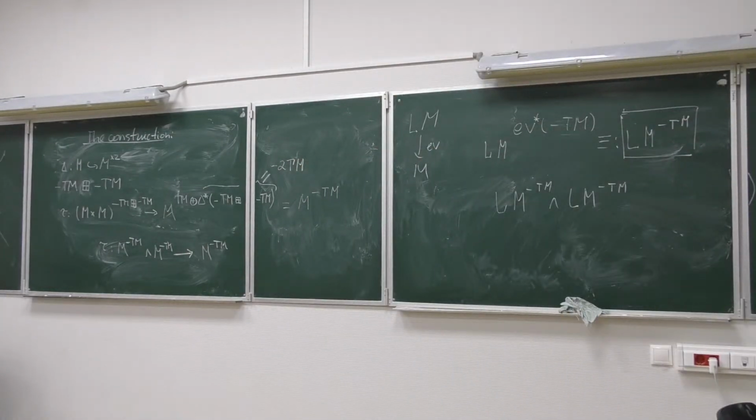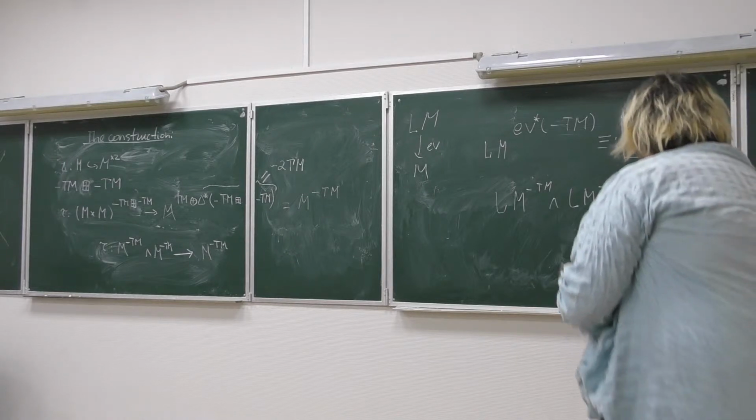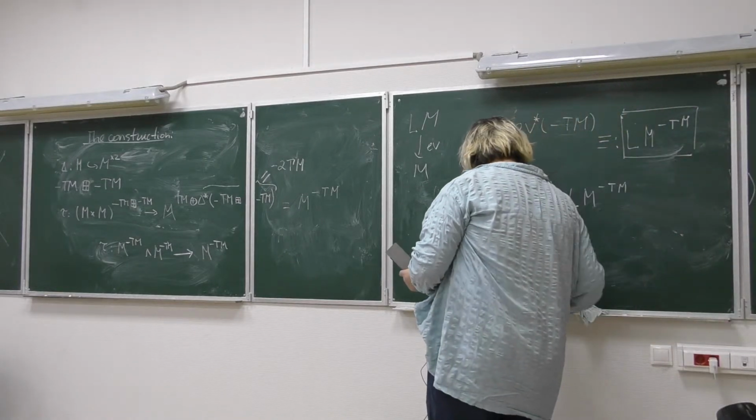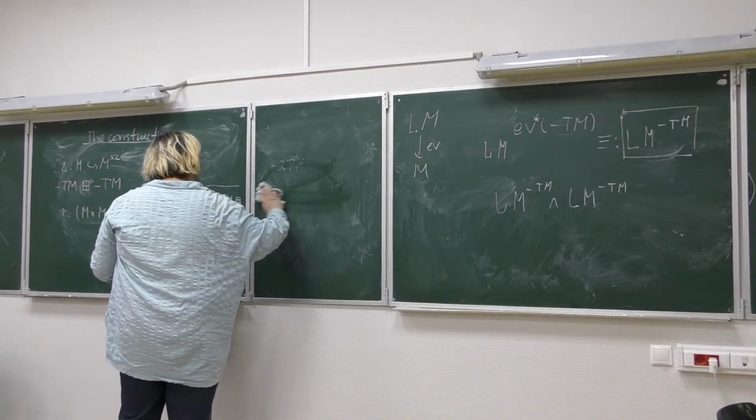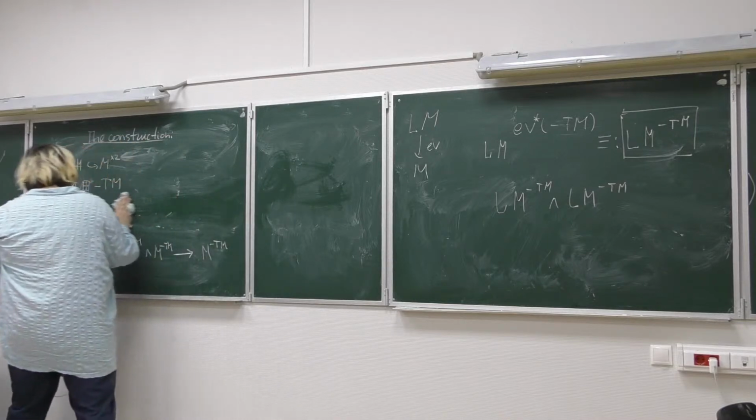Okay. So I explained how to get this ring spectrum. Now I will explain how to construct the ring structure on it. So we still need a multiplication.